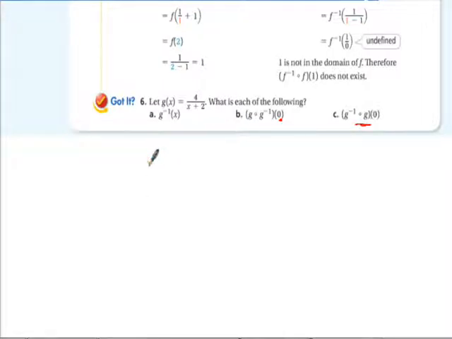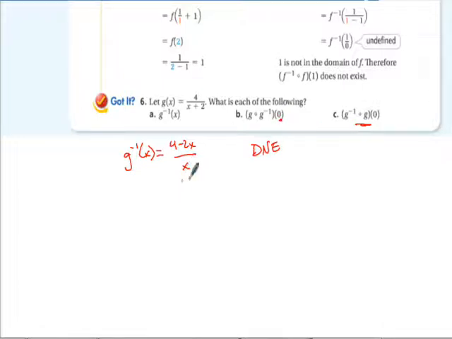All right. Hopefully for A, you got the inverse of g of x is 4 minus 2x over x. Okay. B, 0 is not in the domain. Hopefully you got something with a 0 in the denominator. It doesn't exist. When we plug 0 in right here, you should see right away that's a 0.